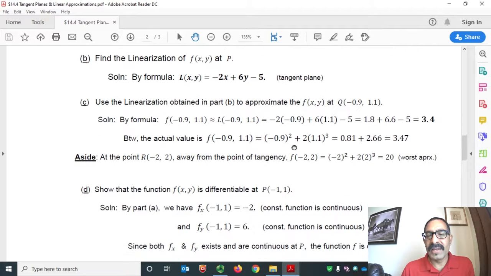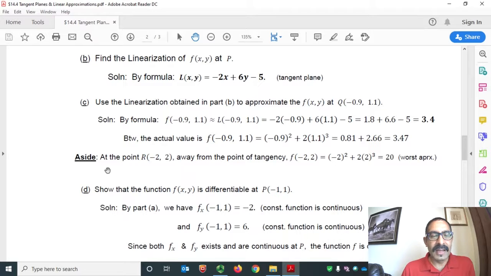Simplify, it gives us 3.47. So we are 0.07 off here: 3.4, 3.47. This is the approximate value of f at Q, and this is the exact value of f at point Q. I hope this makes sense to you all.